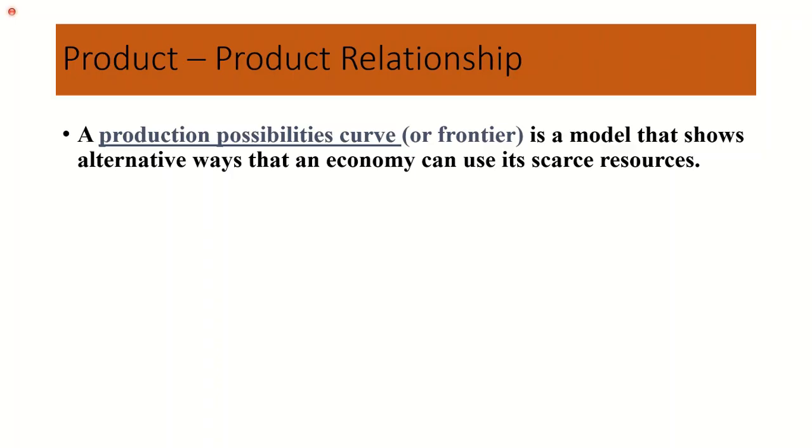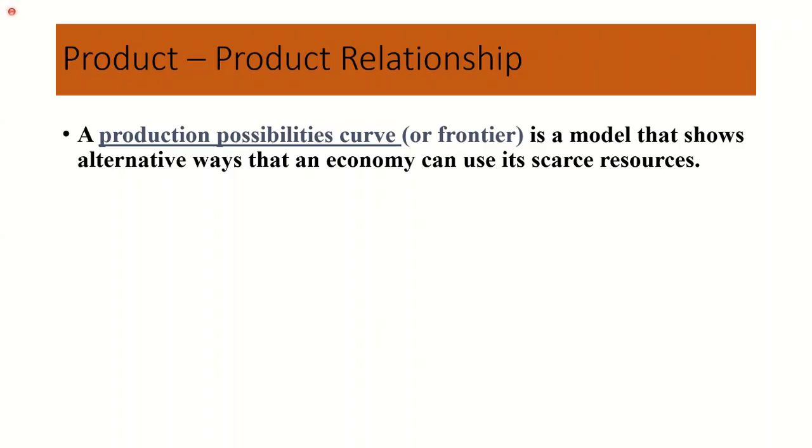But for now, we are going to take a firm, right? So what is meant by a product-product relationship? Or how do we illustrate this product-product relationship? A production possibilities frontier is used to show this relationship, and it shows alternative ways that an economy can use its scarce resources.